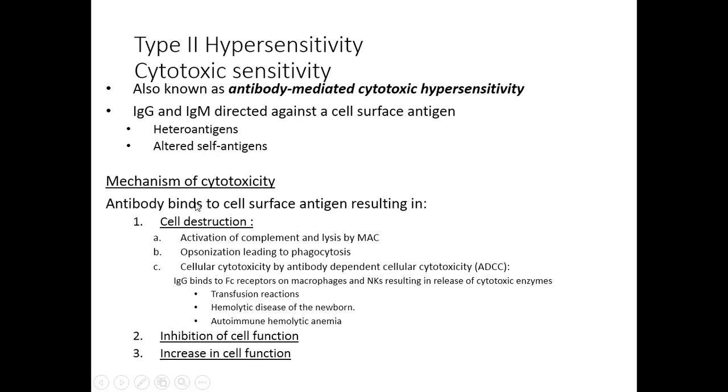The second way this antigen-antibody binding can destroy cells and create a cytotoxic response is opsonization leading to phagocytosis. That binding brings phagocytes to the area and they phagocytize the cell with the complex on it and kill the cell.